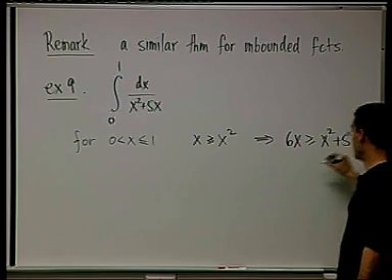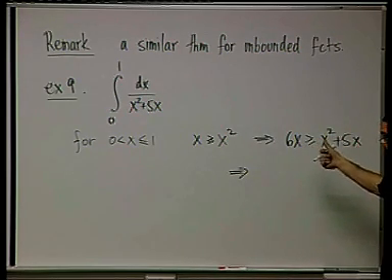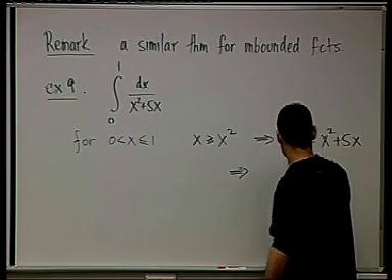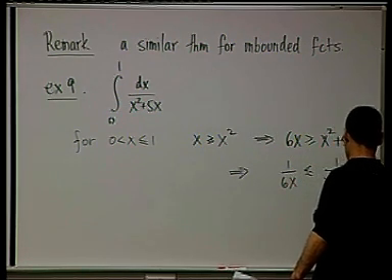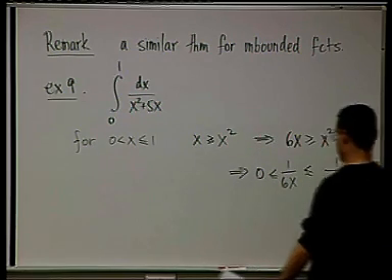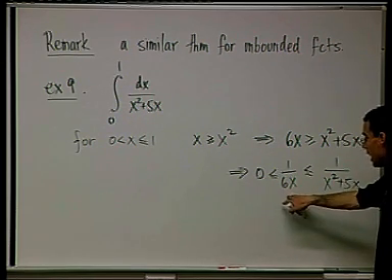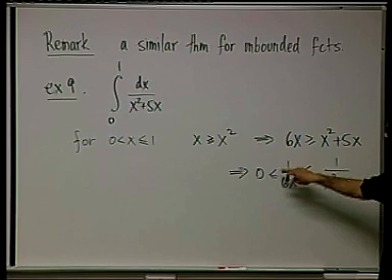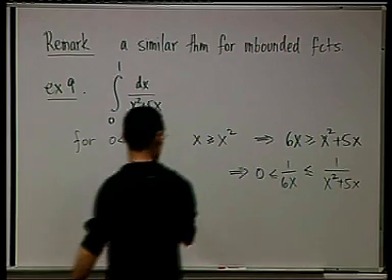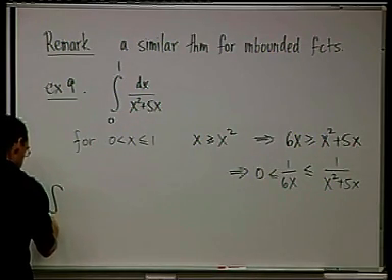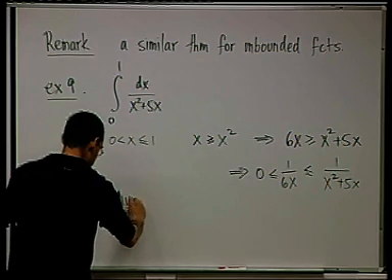Okay, and therefore, now I want to take the reciprocals. So when I take the reciprocals, I change the direction of the inequality. So 1 over 6x is less than or equal to 1 over x squared plus 5x, and greater than or equal to 0. That's important. So now this is the g, this is the f. We know that this integral diverges, therefore this integral diverges. The integral from 0 to 1 of 1 over 6x diverges.